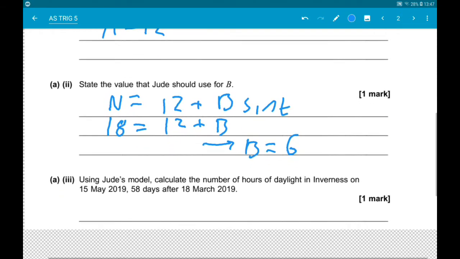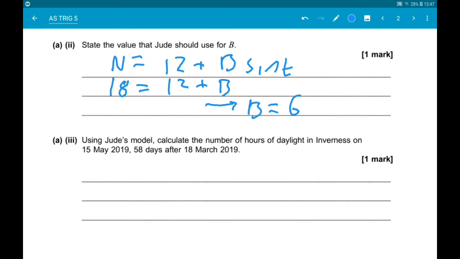Okay, then for part 3, using Jude's model, calculate the number of hours of daylight in Inverness on the 15th of May 2019, 58 days after the 18th of March 2019. So we're plonking in t is 58 into n is 12 + 6 sin t.